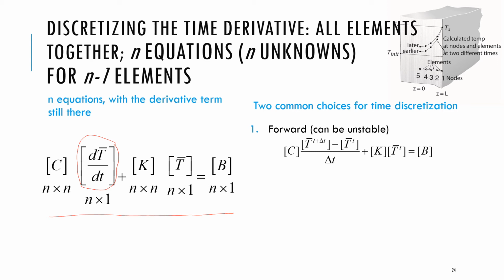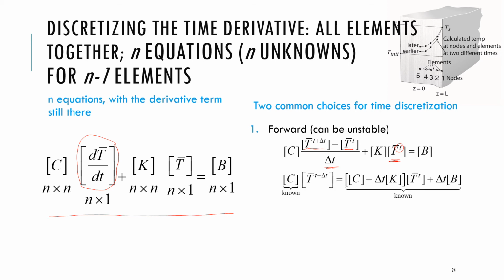For the forward one, dT/dt is simply T at t plus delta t minus T at t, over delta t, and these temperatures are taken at the current time step.